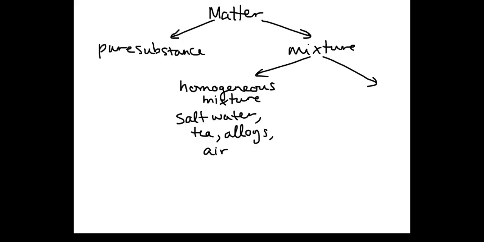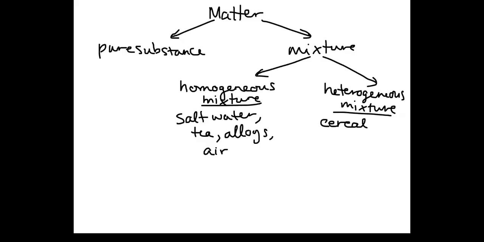It's pretty well mixed. So there's the homogeneous mixture, and then we have heterogeneous mixtures. This is something that is not well mixed. Cereal is a heterogeneous mixture because you've got pieces of solid cereal and then you have milk around it. That's not well mixed on the molecular level. Can anyone give me any other examples of heterogeneous mixtures? Salad.